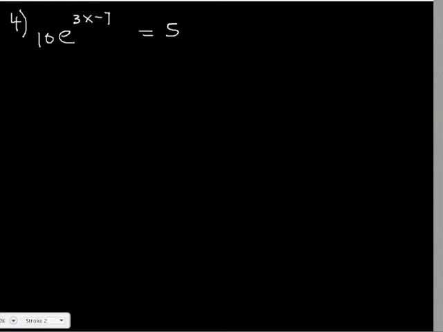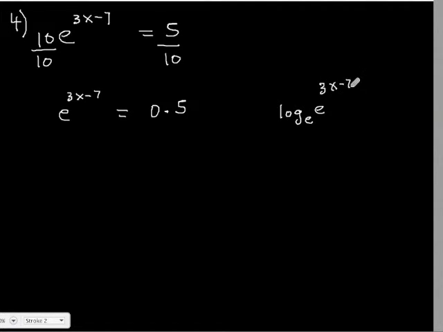How about this problem? You might want to pause your video and see if you can try it on your own. Or you can stay with me. I want to divide both sides by 10 first. So I get e to the power 3x minus 7 is equal to 0.5. Again, if I pick log base e on both sides, I will be able to take advantage of my rule of simply turning that into 3x minus 7.